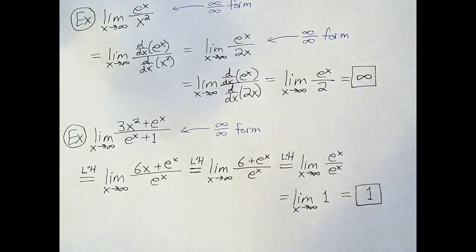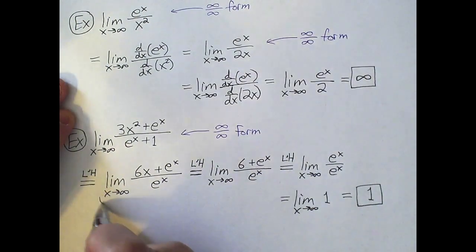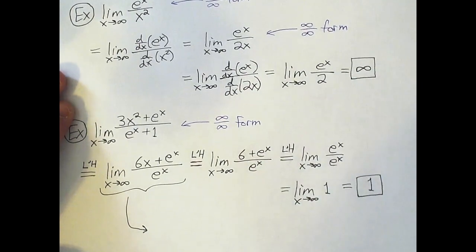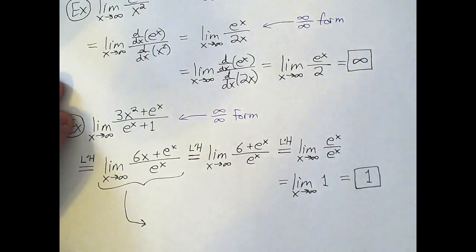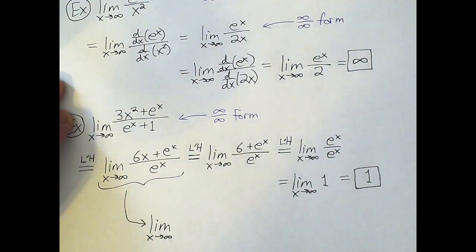I saw another way to solve this that I think I'm going to show you. I did L'Hopital's rule at the beginning, and then from here I kind of branched off and did some other steps. And I want to show you that this also gets us 1. I saw this expression and I said, hey, you know what? There's an e to the x on the bottom. There's an e to the x up top. It might actually work out nicely if I split this up.